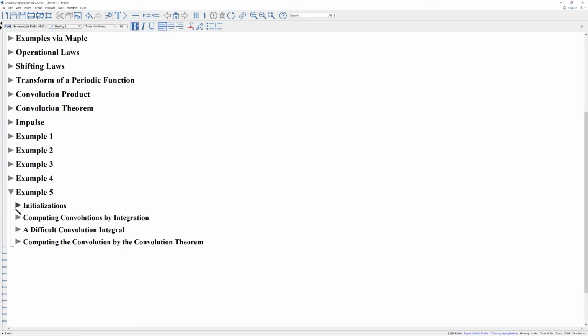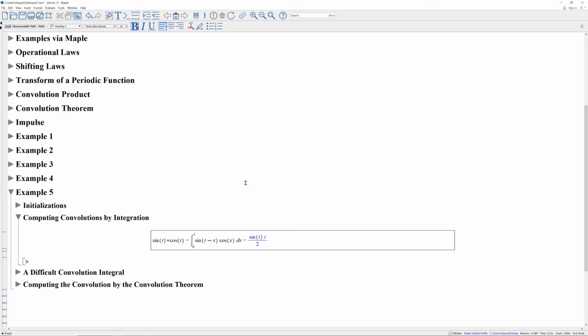Let's compute a convolution product. The convolution of sine t and cosine t is defined by an integral from 0 to t, and I've picked the form where I shift, I'll put t minus dummy in the first factor.